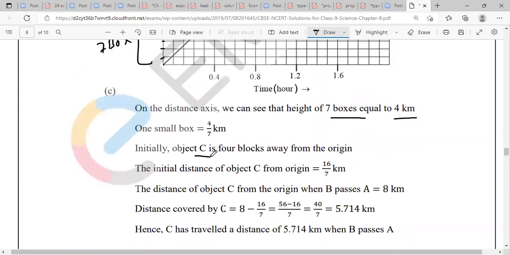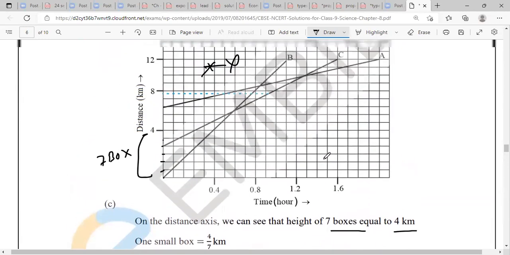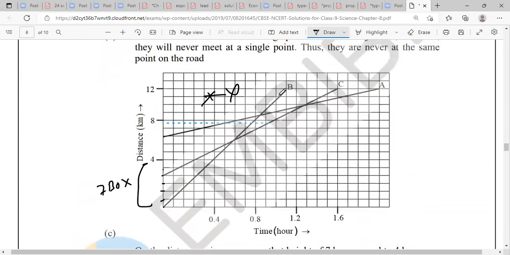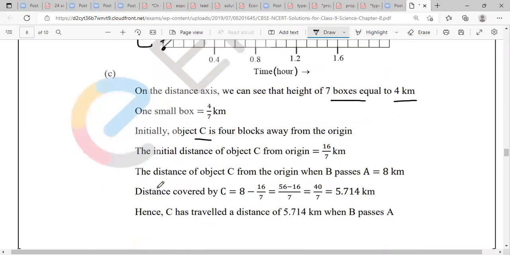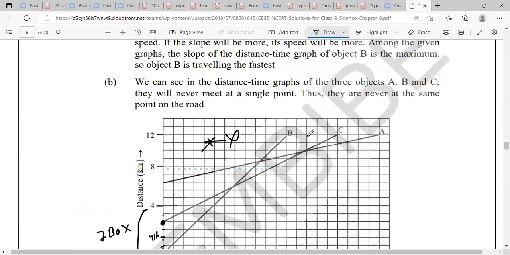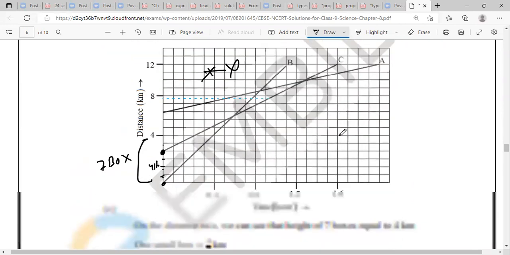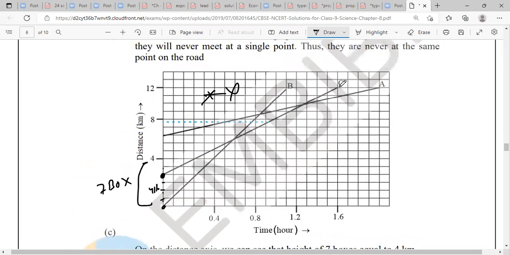Initially, object C is 4 blocks away from the origin. You can see C is starting from here and B is here, so it is just 4 boxes away from the start. But over here, at the last point, they are at the same point basically.